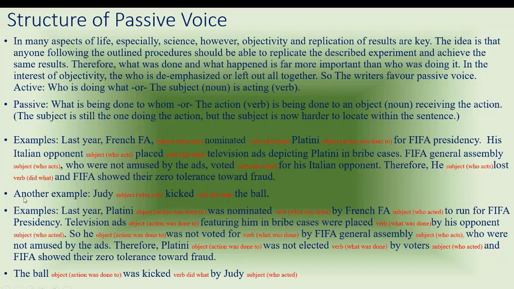FIFA General Assembly, subject, who were not amused by the ads, who didn't like it, voted, verb, for his Italian opponent. Therefore Platini, subject, lost, and FIFA showed their zero tolerance toward fraud. Zero tolerance means there is no acceptance at all.